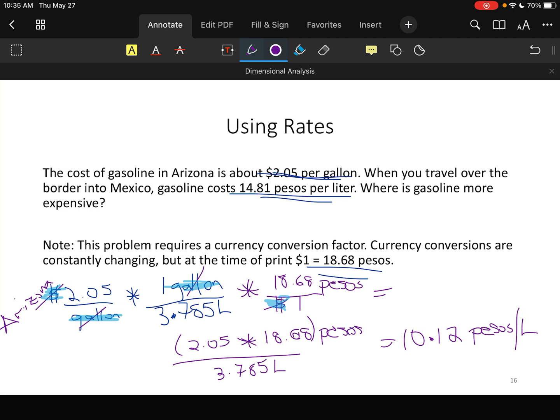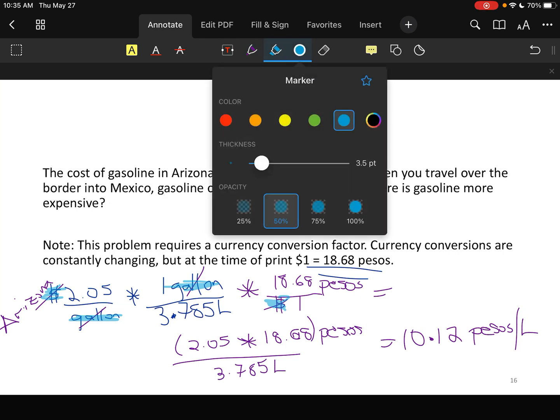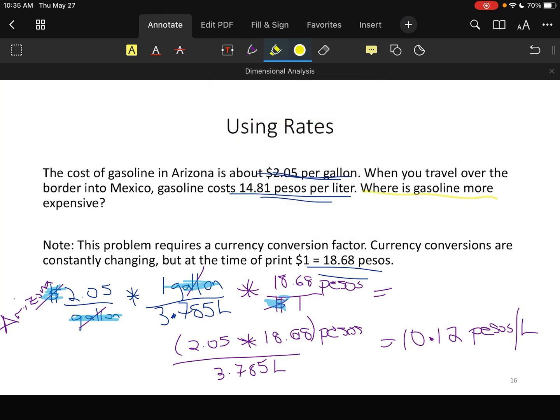Now you compare that to the price in Mexico, so that we can actually answer this question, because the question was, where is gas more expensive? So you just compare units to units. That's why you do unit analysis. So we know that the gas is more expensive in Mexico.